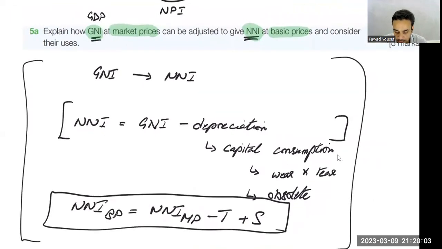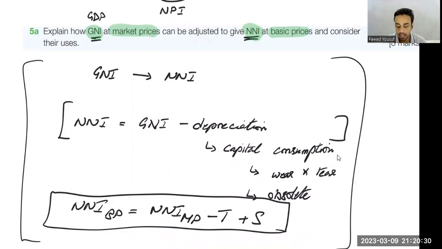Okay. And then consider their uses. What are they used for? What is GNI used for? Well, GNI is used for that we want to know that what value of output is being produced by the nation's resources. ये GNI करता है, whether it is in the local market or it's abroad.